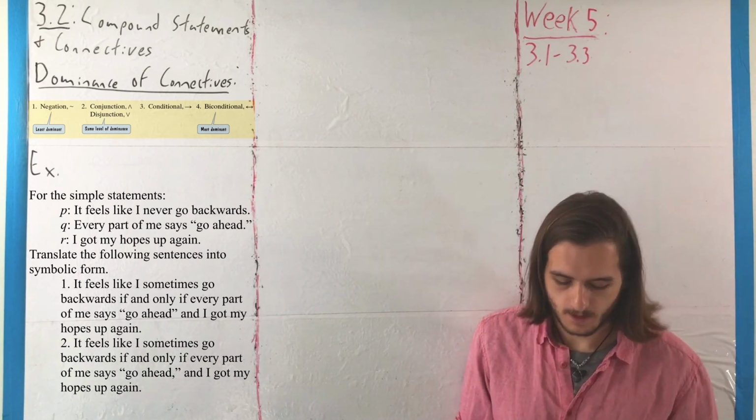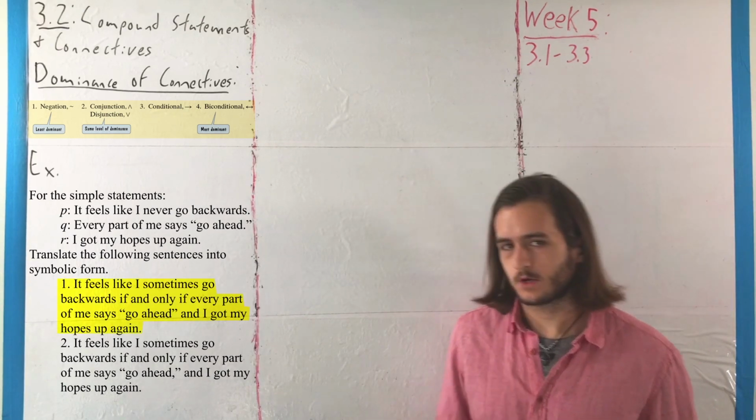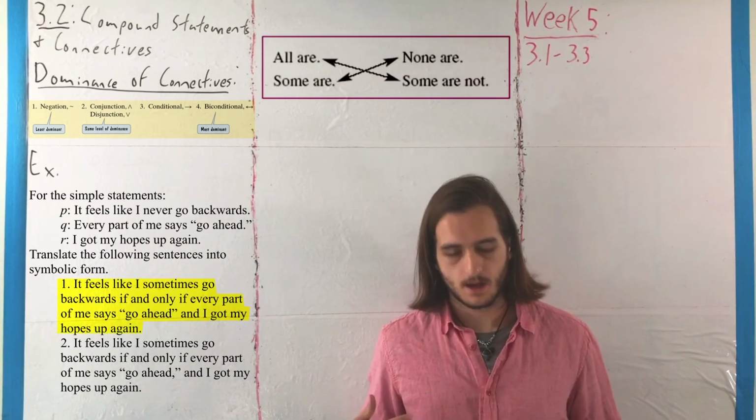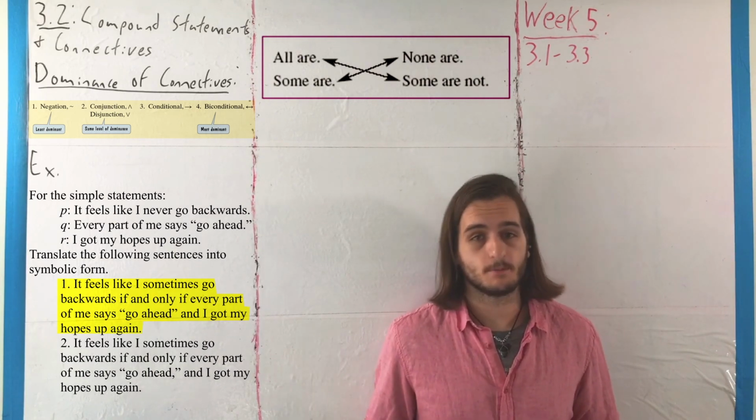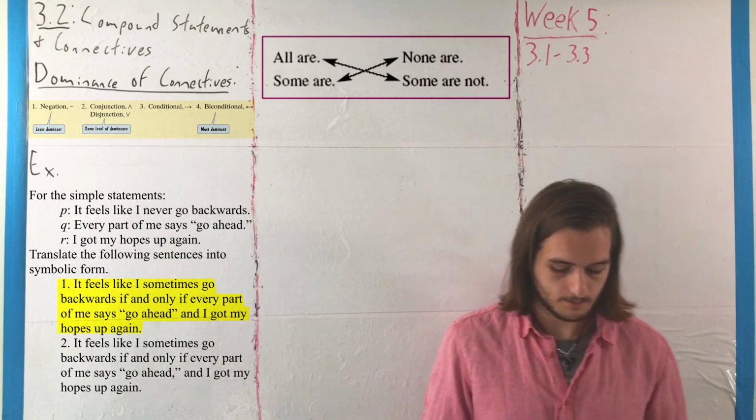So with that first one, what we want to recall is that the opposite of never is something more like sometimes. The opposite of no examples is some examples.